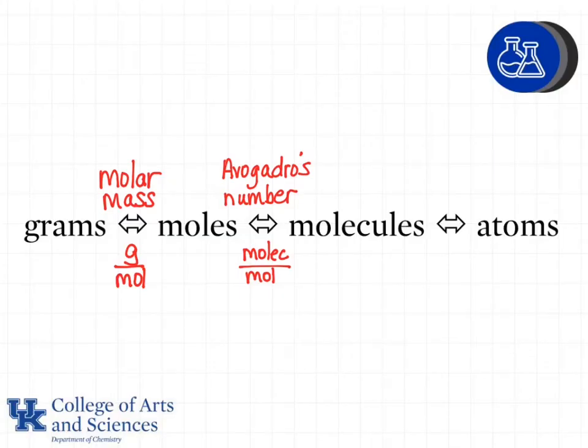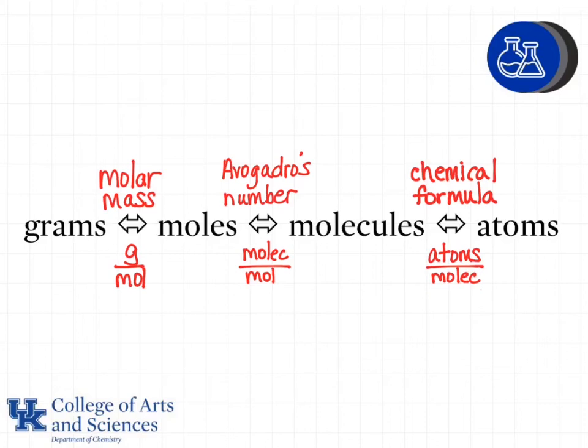We're also going to see an example of how we can go from molecules to atoms, and we do that from the chemical formula by looking at the ratio of the subscripts. And there we have units of atoms per molecule. So we can interconvert between any of these values, but we have to do it in this order. So if we're going from grams to molecules, we first have to go from grams to moles and then moles to molecules.